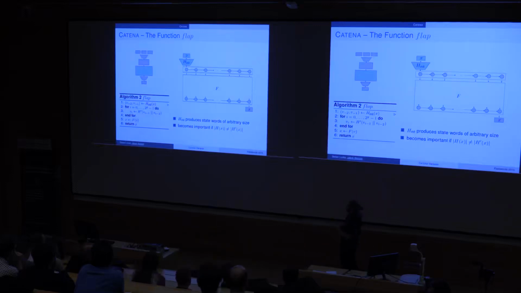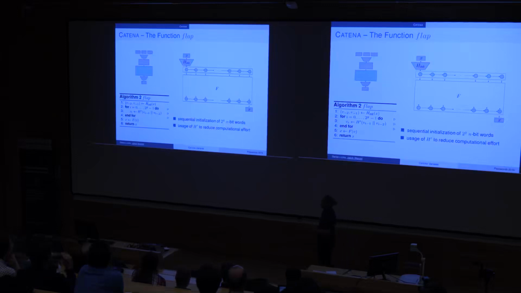So the lines here, these small arrows, are always hash function calls, and the dots, the vertices, are state values. So we have 2 to the G state values here. And these are produced by calling the hash function. And if you want to have high performance, then except for this one and always the first one, all values can be computed with the reduced version of the hash function. So just for performance reasons.